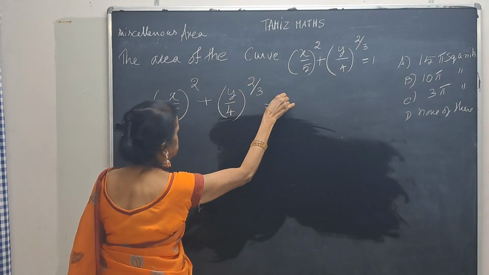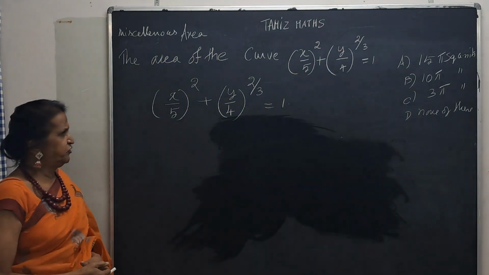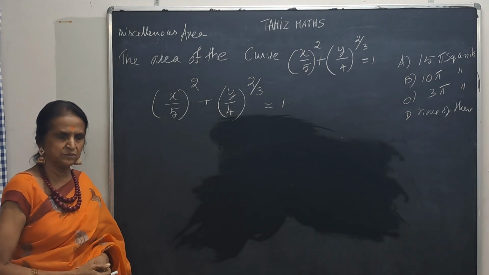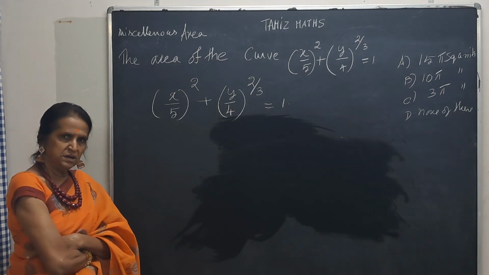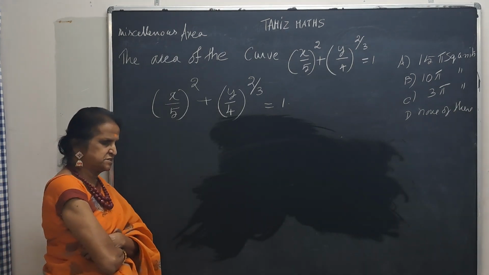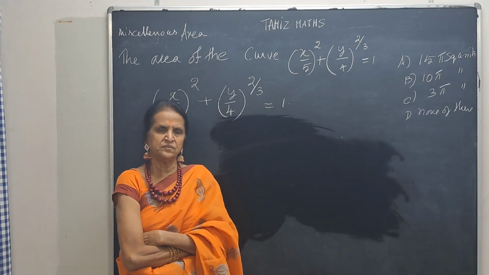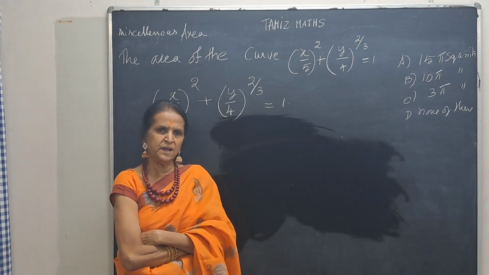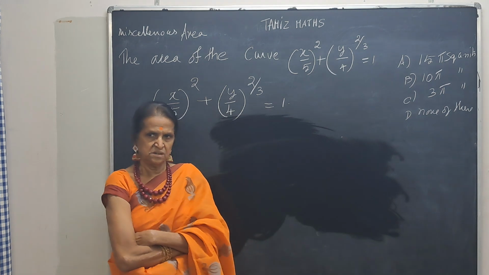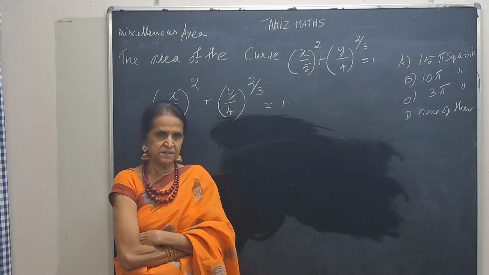This is the curve given to us: (x/5)^2 + (y/4)^(2/3) = 1. Let's check whether it's spread out everywhere. I replace x by minus x and I get the same graph. It is symmetrical about the y-axis. I replace y by minus y and I get the same graph.